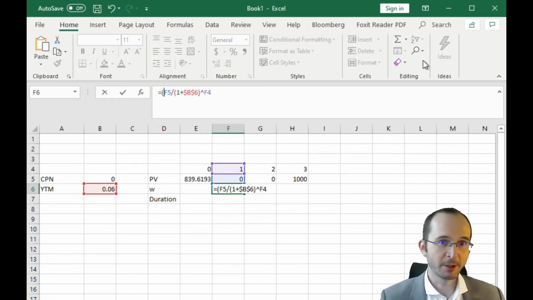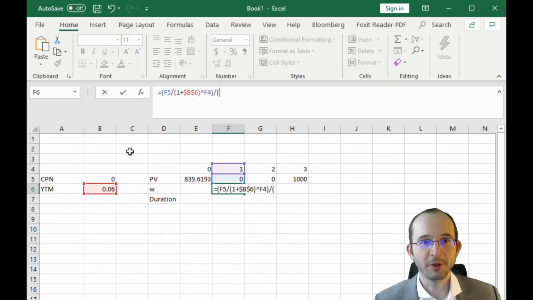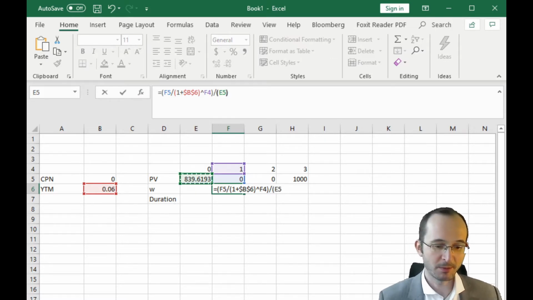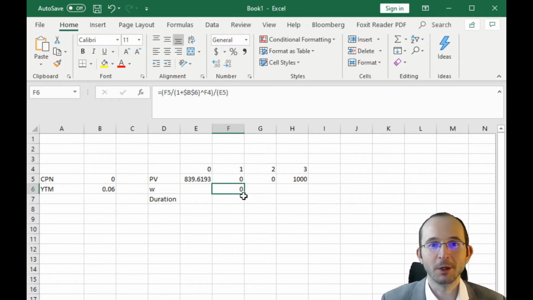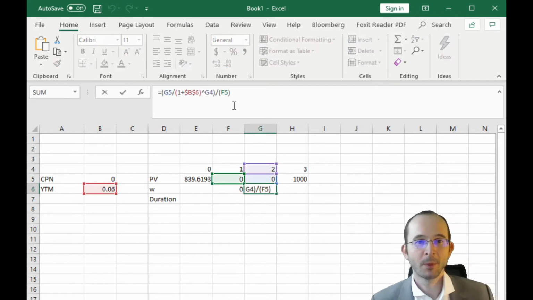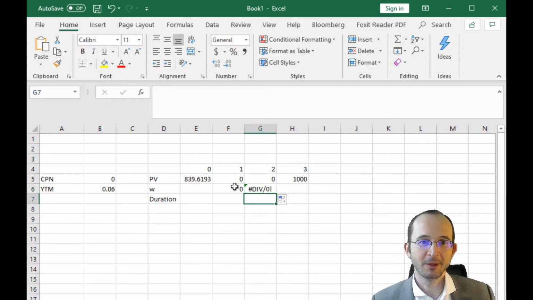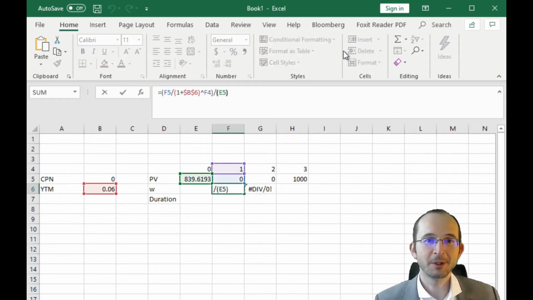This is the present value of the cash flow, and then we need to relate it as a fraction of the overall bond's price. Now it shouldn't surprise us that the weight in year 1 is 0. Oh, we need to make this a static reference as well, don't we?